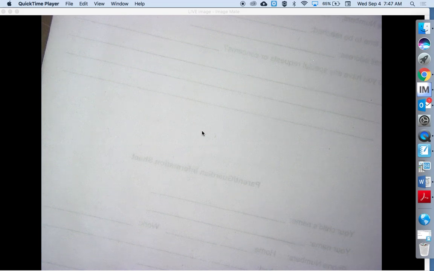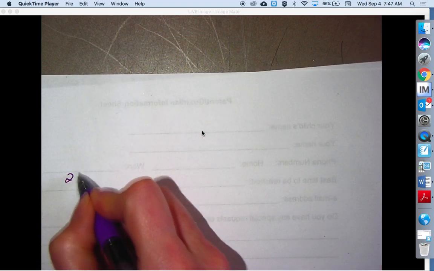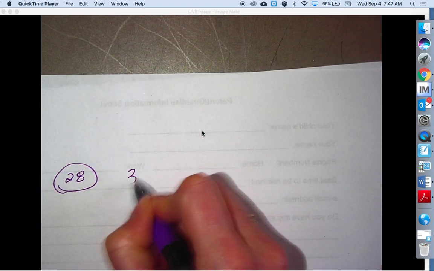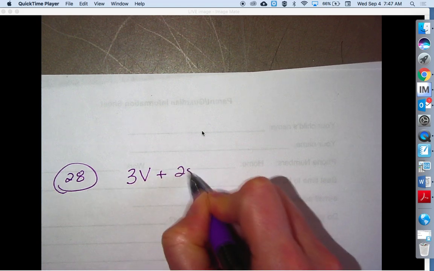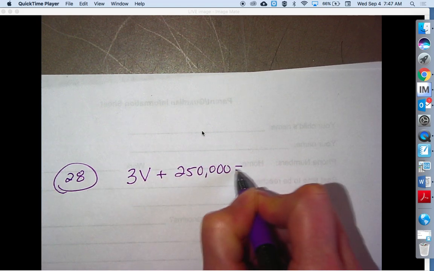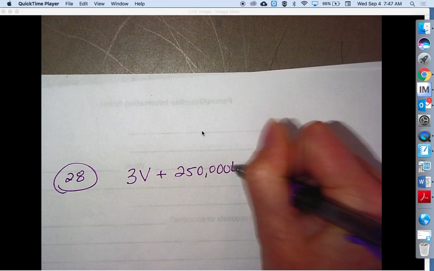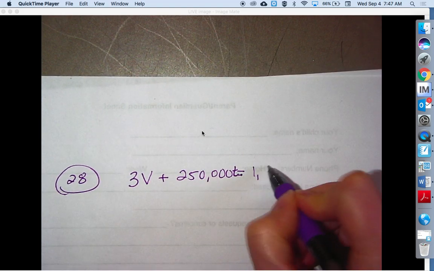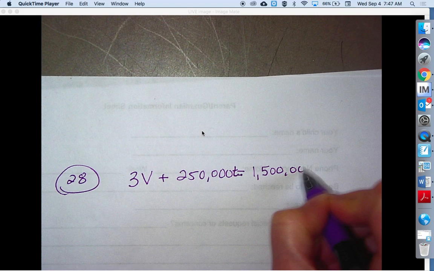And then it just asks you to explain what the t-intercept represents. So the t-intercept would represent the amount of time that has passed. So just looking at that little equation there, we have 3v and then 250,000 times t, and then 1.5 million.